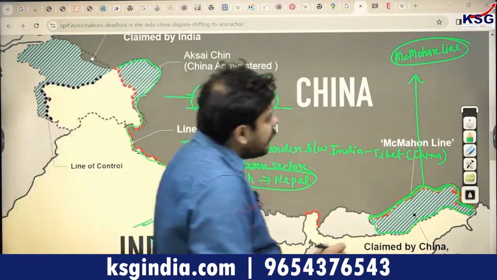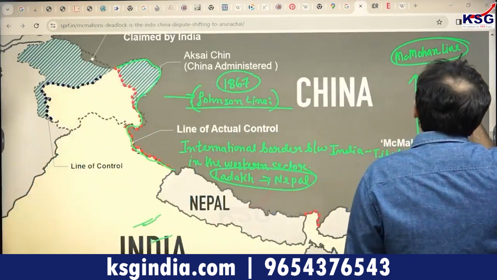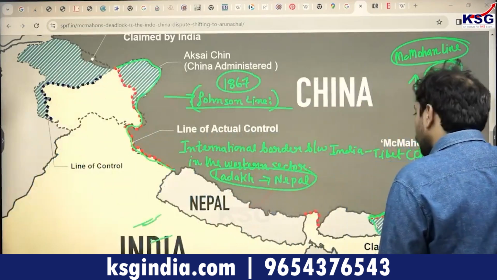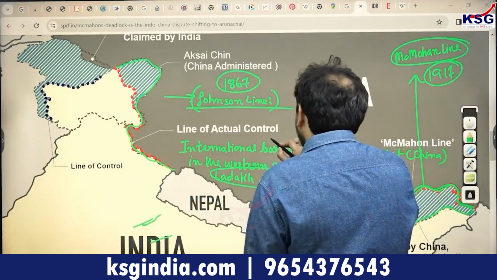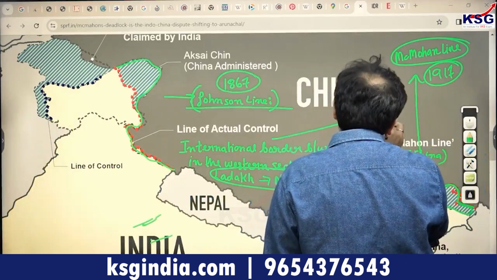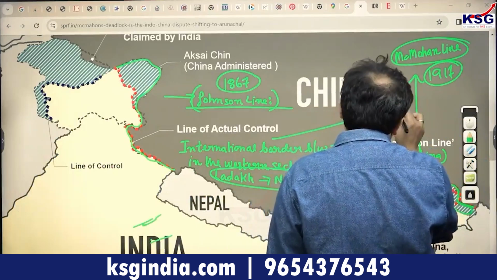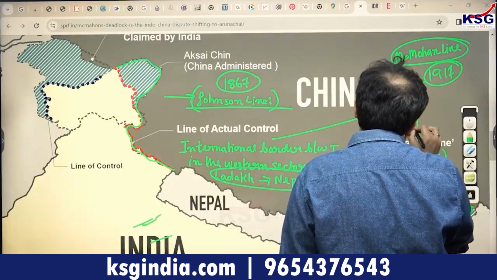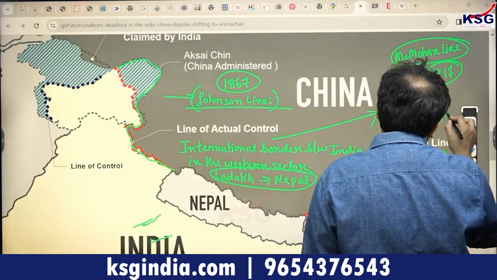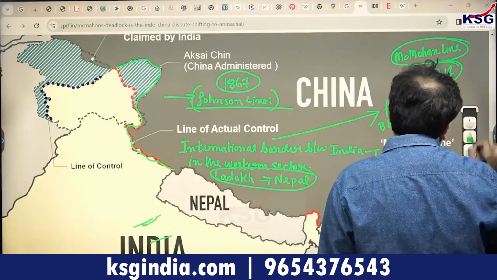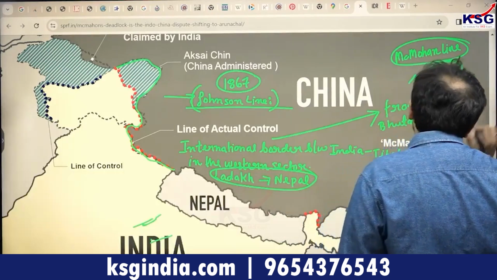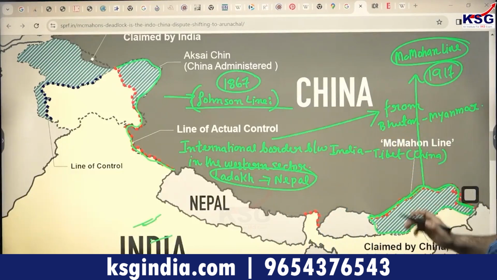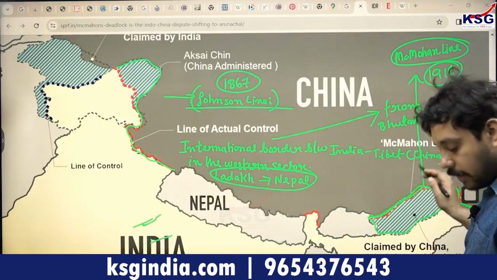McMahon line was signed in 1917, and the definition of McMahon line was that it was the international border between India and Tibet from Bhutan till Myanmar.